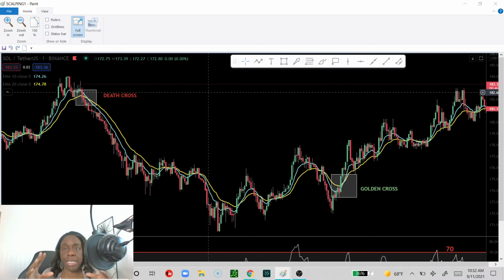You can see on the daily, it's green, green, green. But when you zoom in on the 15-minute, you see it's not all green. You see green, you see red. And to be exact on your entries, you definitely want your smaller time frame because you're zooming in. You want to enter when you know that the trend is going in your direction.